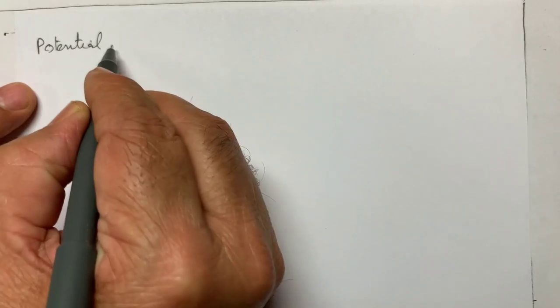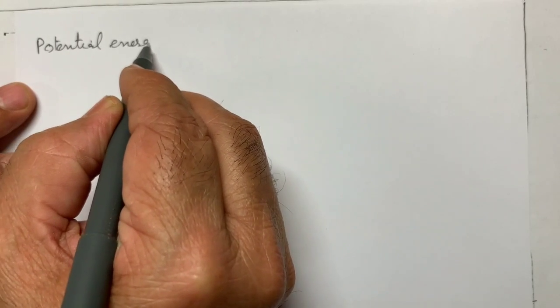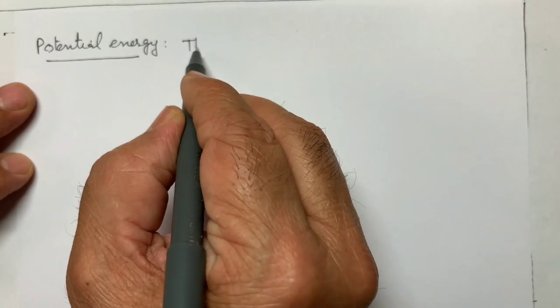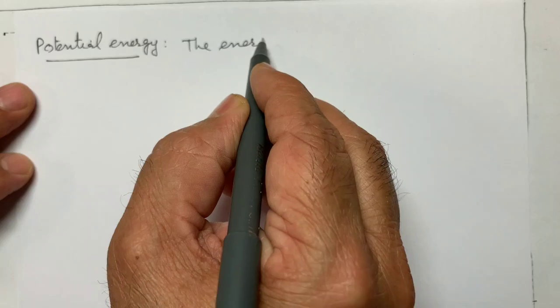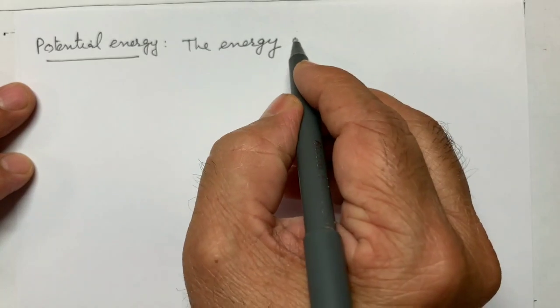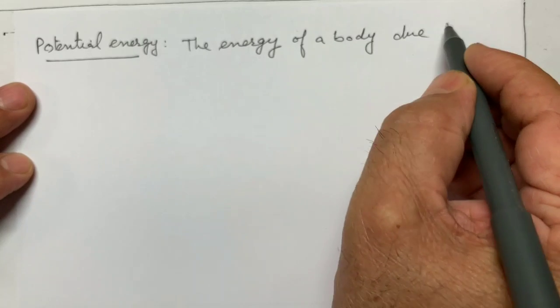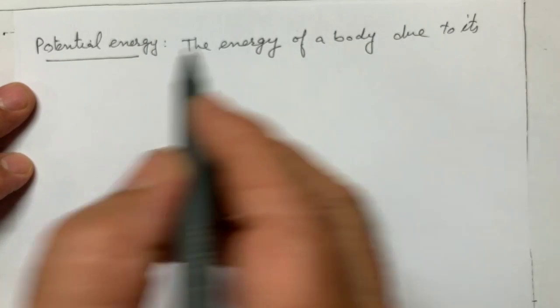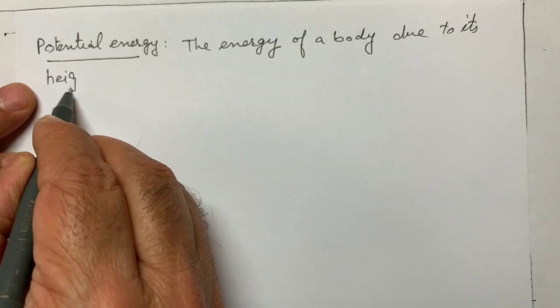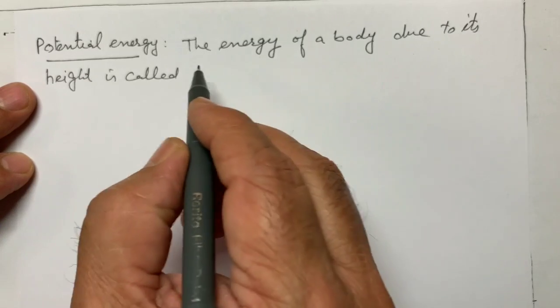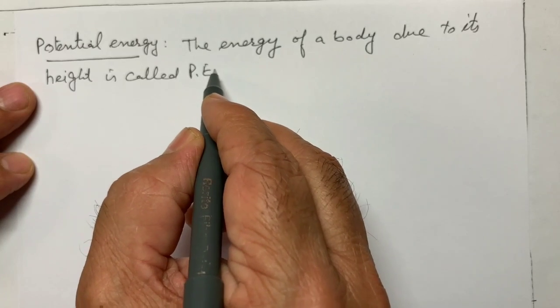Potential energy: the energy of a body due to its height is called potential energy.